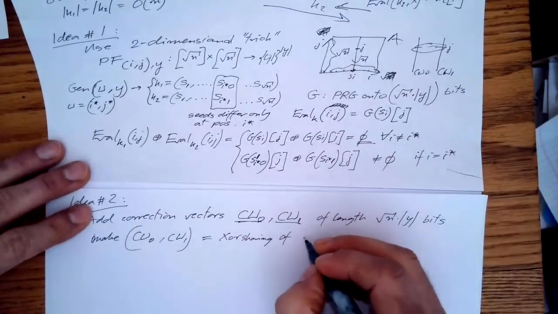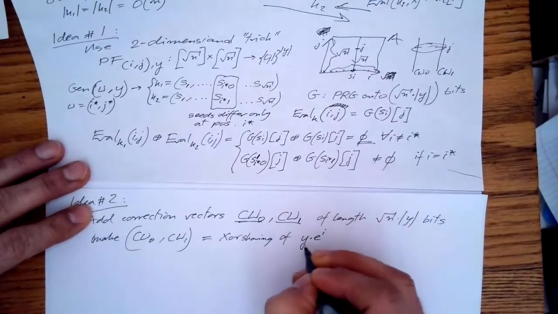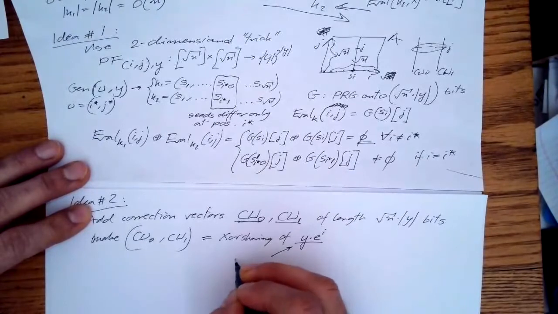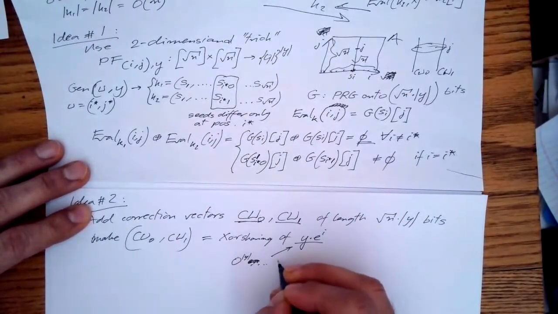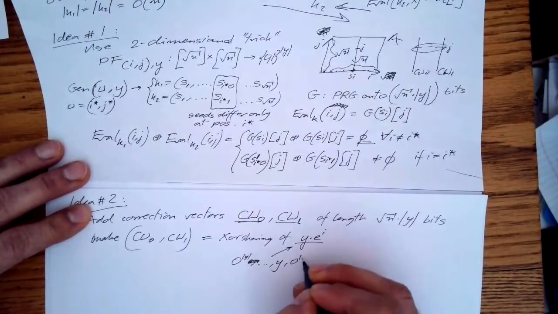Not exactly, of y times e_i. So this is the shift vector, 0 everywhere except y at one position, right?